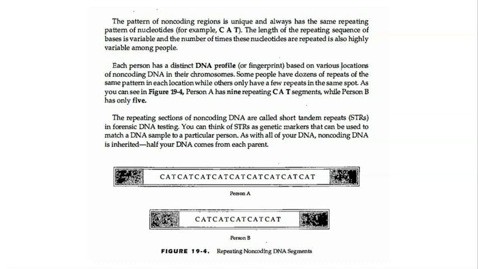For example, at the bottom of this page, we see the nucleotide sequence CAT being repeated, while others may have the same repeat of CAT but fewer repeats. In that example, person A has 9 CAT repeats, while person B has 5 CAT repeats at that particular DNA location. A completely different individual may have a completely different sequence of repeating nucleotides.